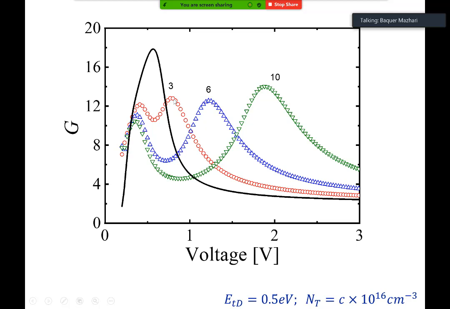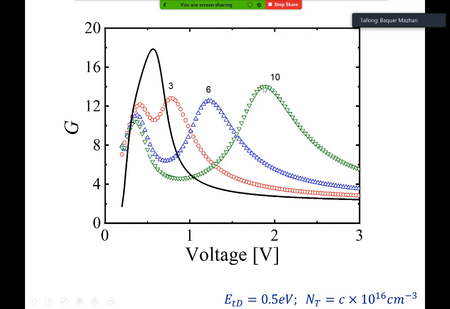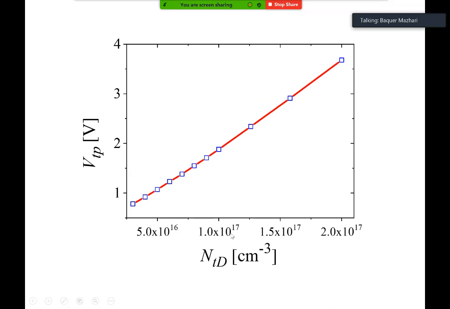This is where the additional trap peak is. In this case, we introduce a trap of 6 times 10 to the power 16, so the trap peak moves to higher voltage. And in this case, we introduce 10 to the power 17, so the trap peak moves to even higher voltage. One can show that this peak value scales with the trap density.